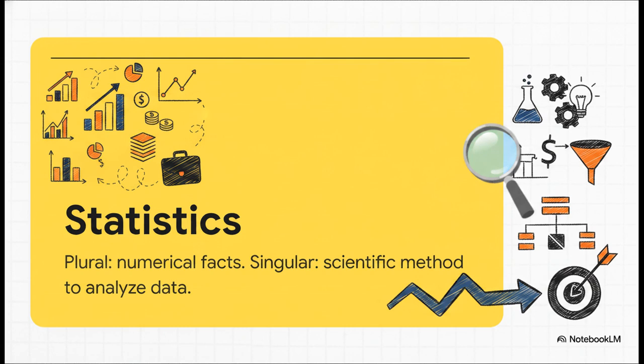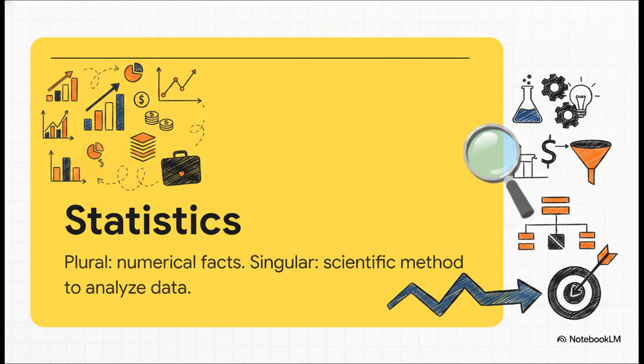Before we zoom all the way out to look at the macroeconomy, we really need to clarify what we actually mean by this word. Statistics operates in two very distinct senses. In the plural sense, we're talking about the actual numerical facts themselves. Data that's affected by a multiplicity of causes, like income or employment numbers.